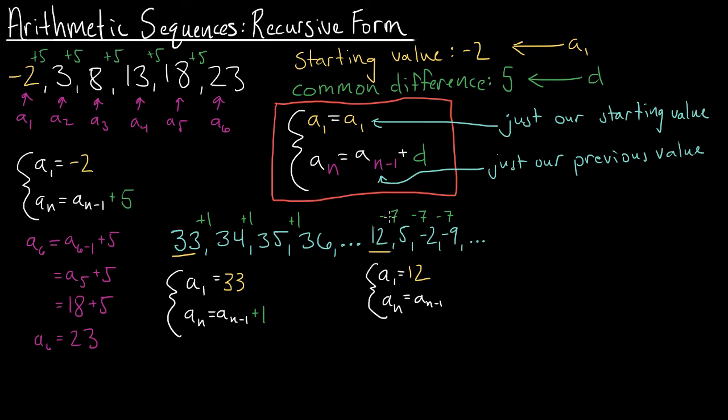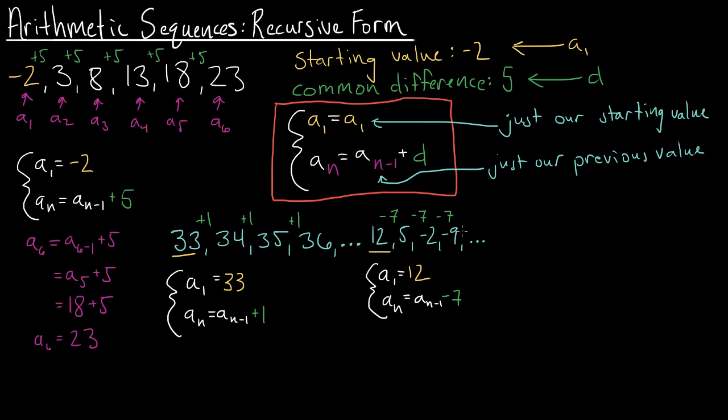My common difference is -7, so we could say plus -7, or just subtract 7 here. And so this function describes in recursive form this entire sequence. We're starting at 12, subtracting 7 at each step. All right, let's do one more here.